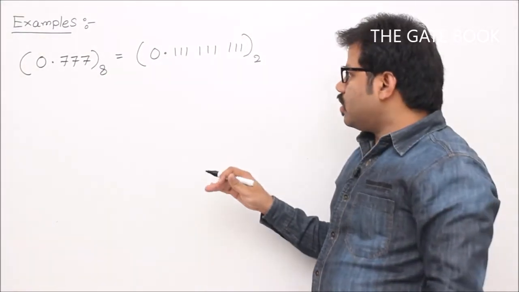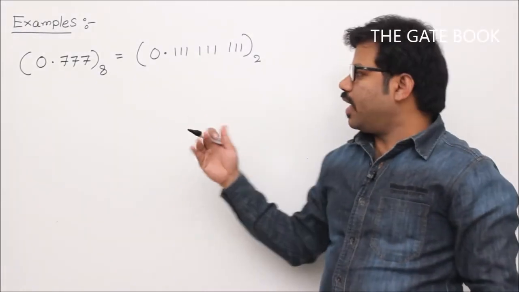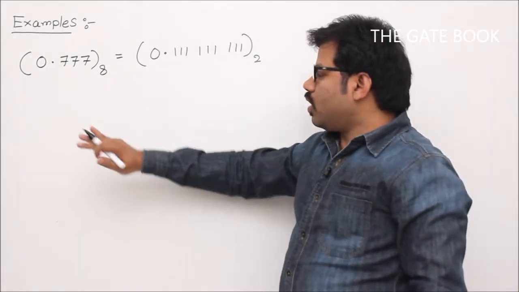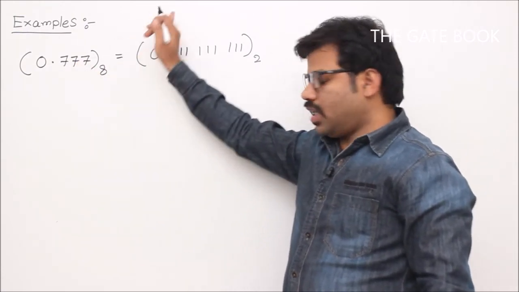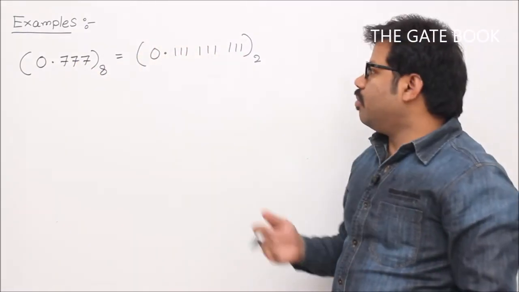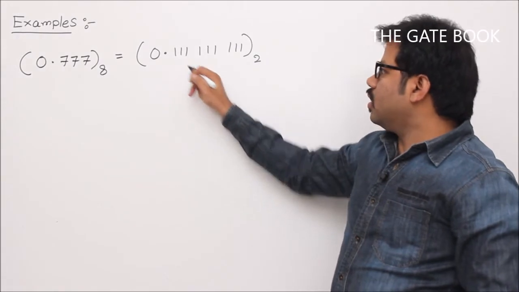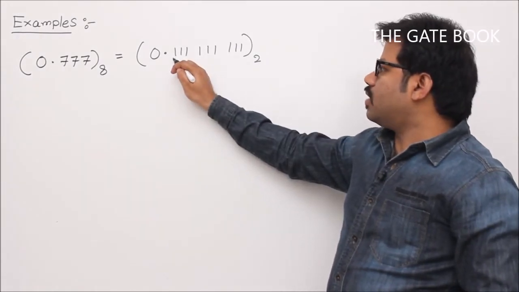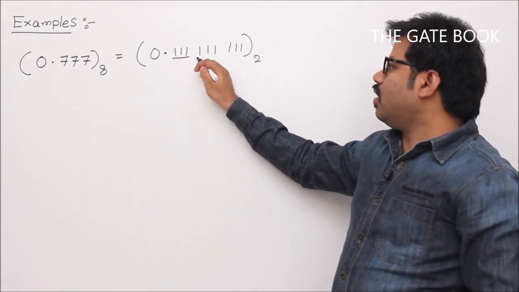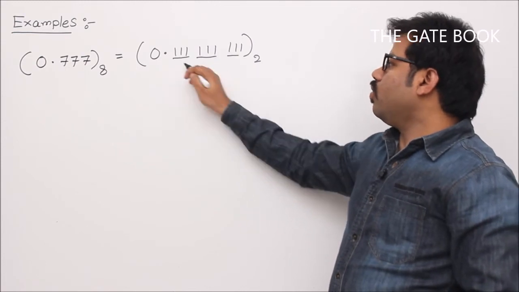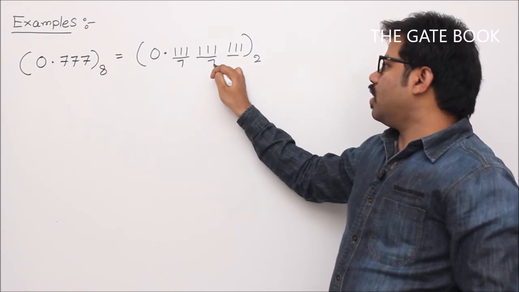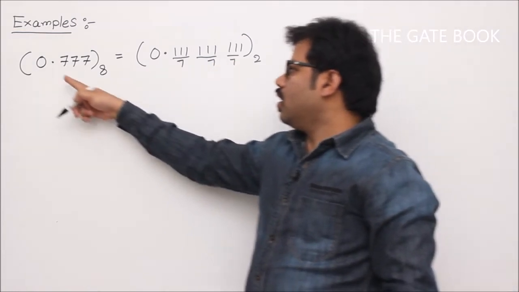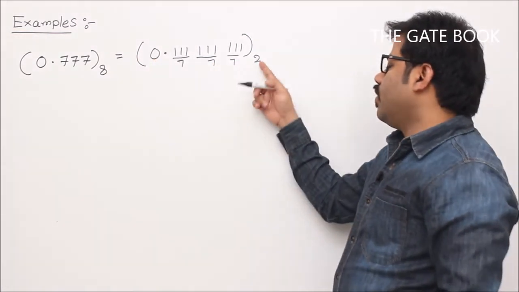From now onwards, why it is equivalent we'll see with some example. But before that, you see how to convert binary to octal, especially for fractional numbers. Take from the right side, take each and every three bits and convert them to octal. So triple one is 7, triple one is 7, triple one is 7. That's why it is equivalent to 0.777 octal.